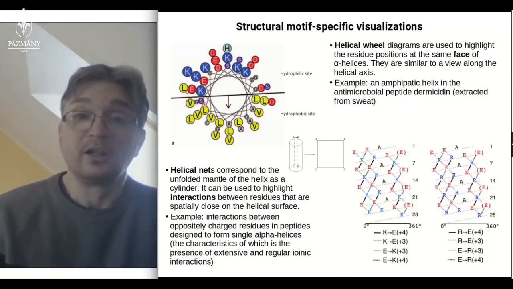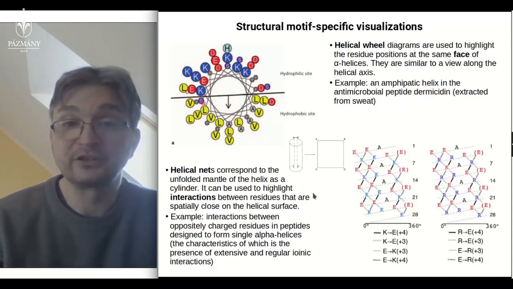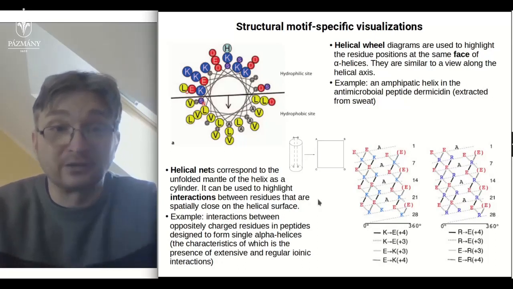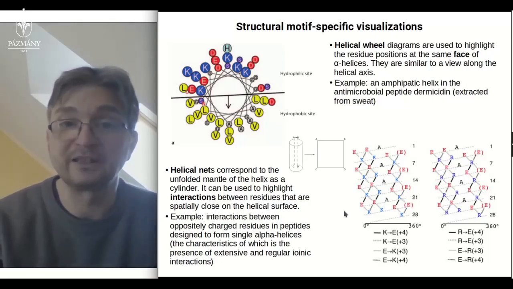Helical net representations correspond to representations where you unfold the mantle of the helix, like this, depicted here, and are useful when you would like to highlight the interactions between residues.